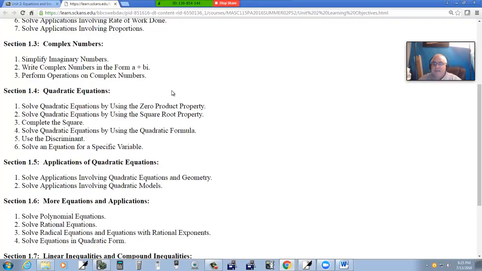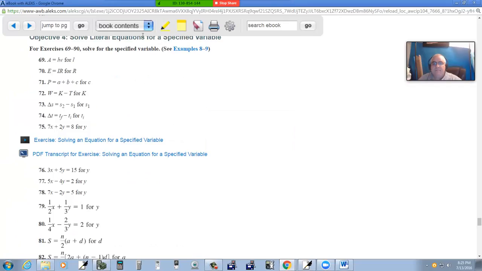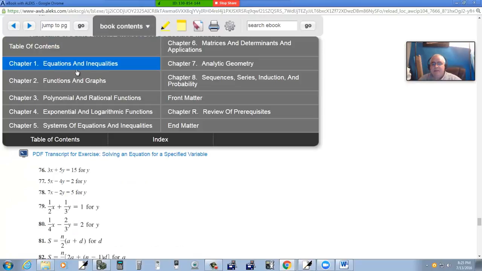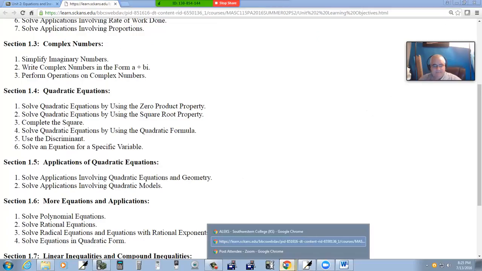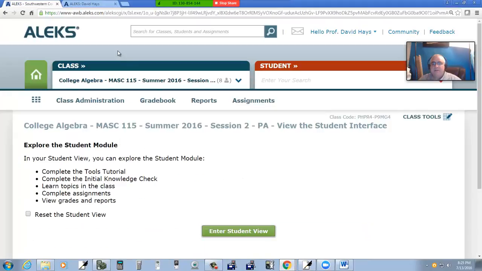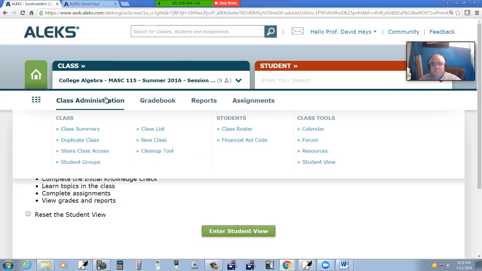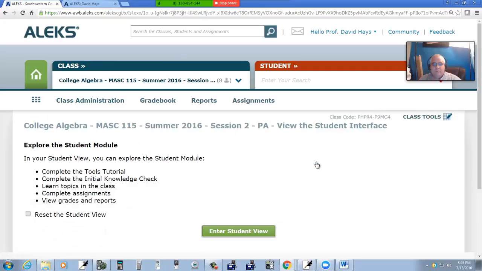Okay, so we're going to take a look at section 1.3 and see if my book's timed out on me. It has timed out. Okay, back into it.